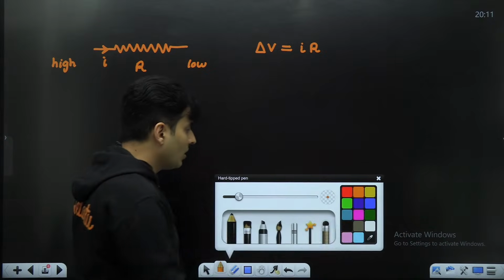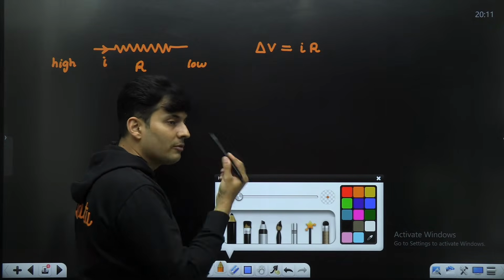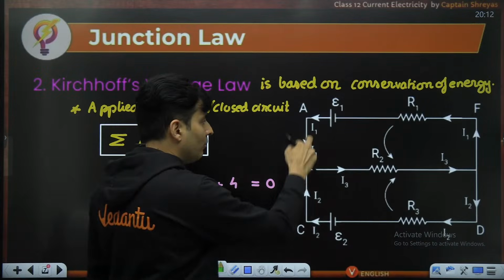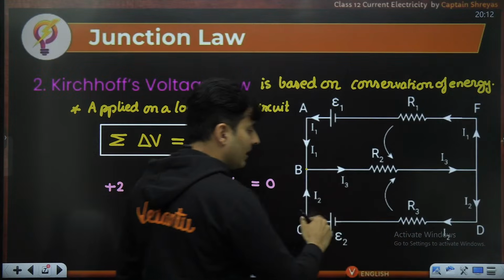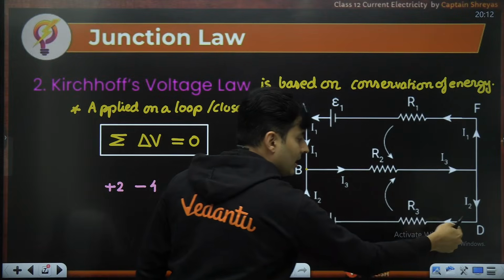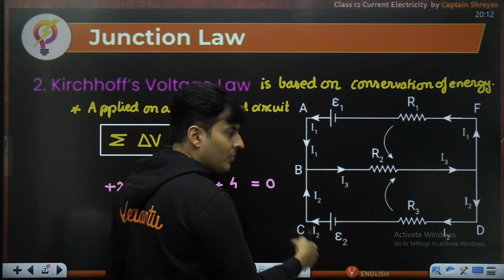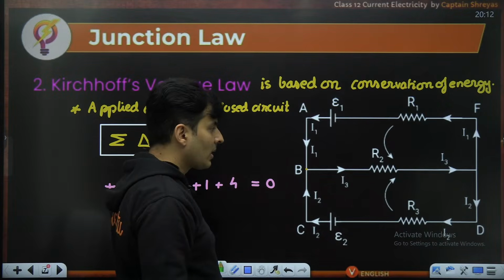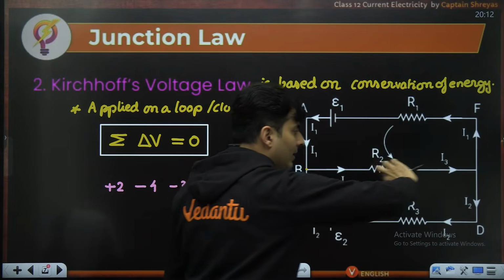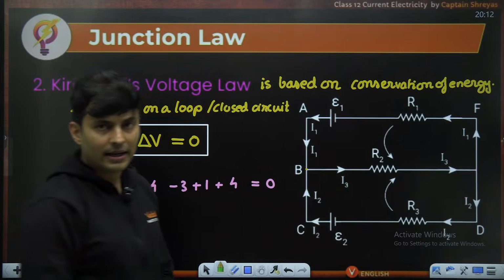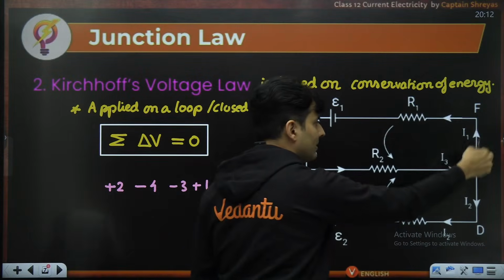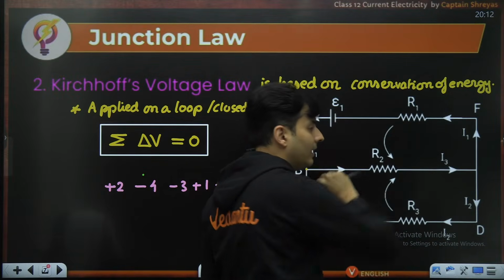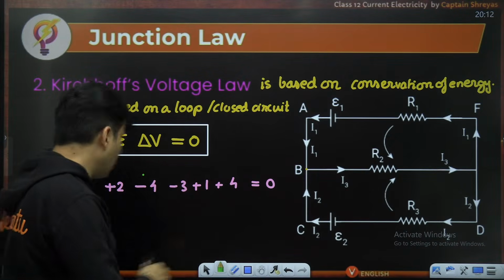which is IR. So because the current in the resistor goes from high to low voltage, it kind of makes sense that as I am crawling across the circuit, when I encounter a resistor, if I'm going in the direction of the current, then I'm going from high to low. That means I'm dropping the voltage. But as I crawl, if I go against the direction of the current, because I have to go across a closed path, then I'm going from low to high.